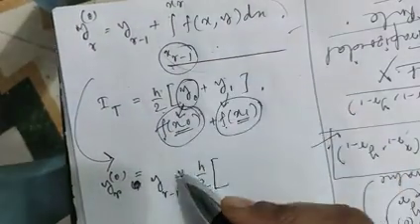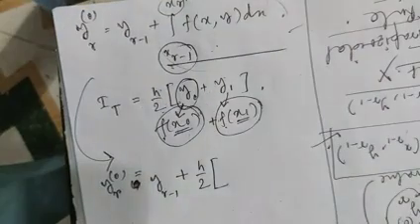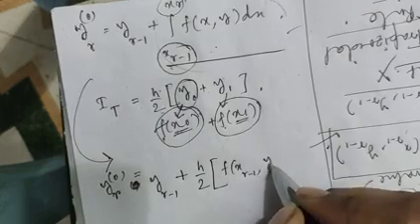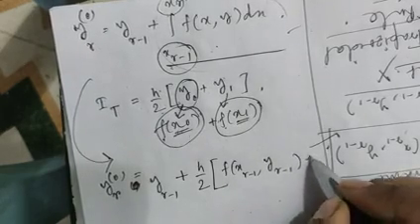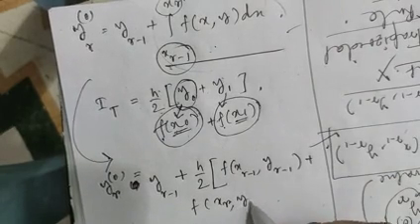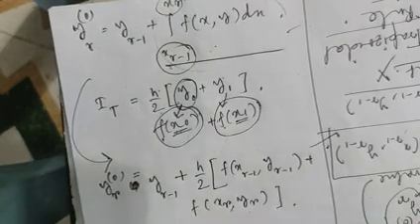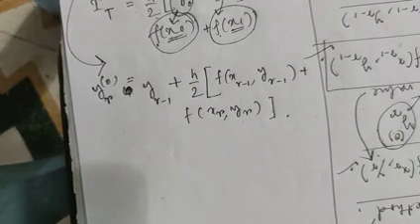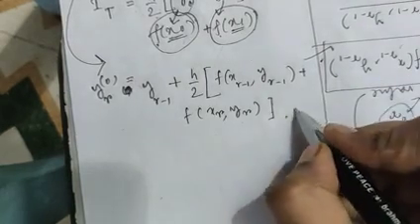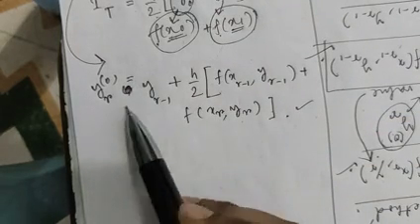Here it is the initial point and here it is the ending point. So f(x_(r-1), y_(r-1)) plus f(x_r, y_r). Okay, this is the required value of y_r.